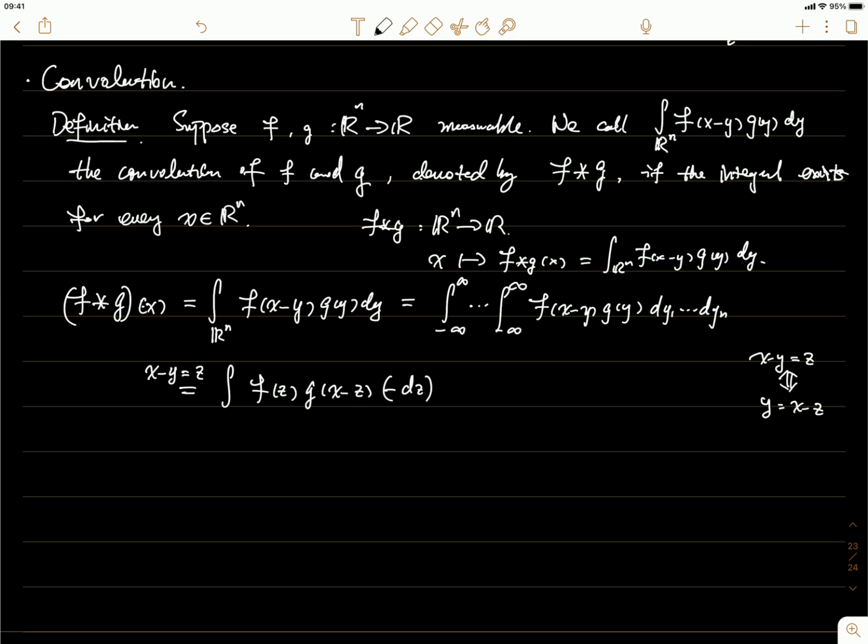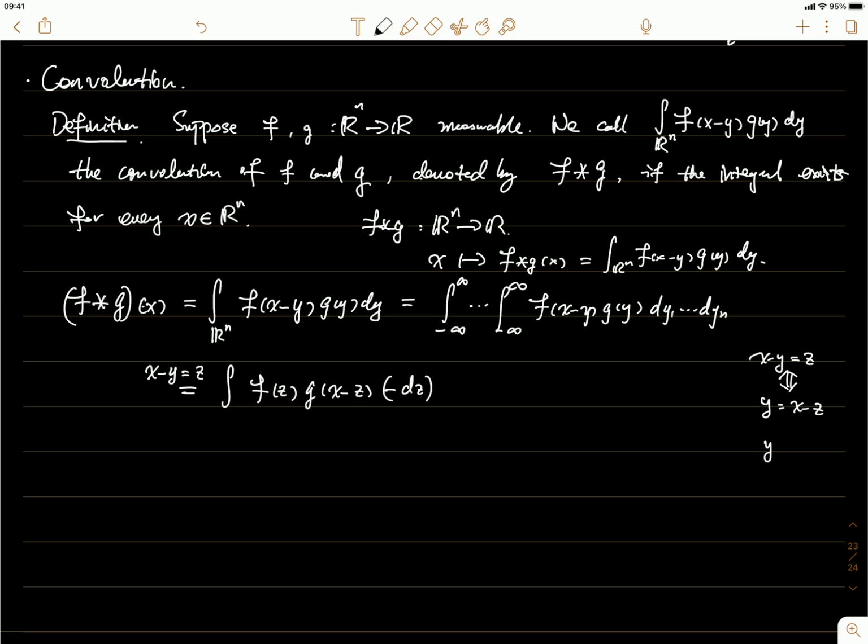But remember that the limit here indicates the limit of yn. The yn is from negative infinity to positive infinity, but since x, y and z are related in this way, the zn will range over a different interval.